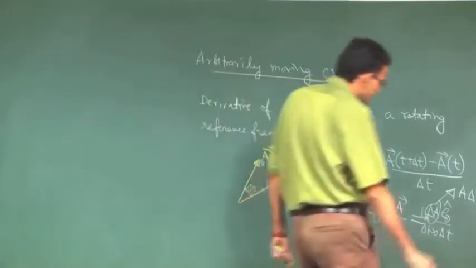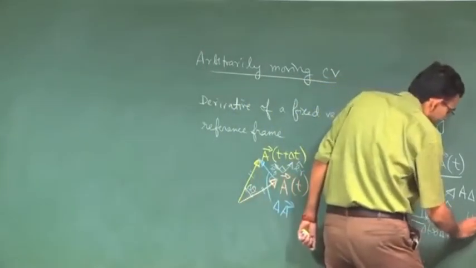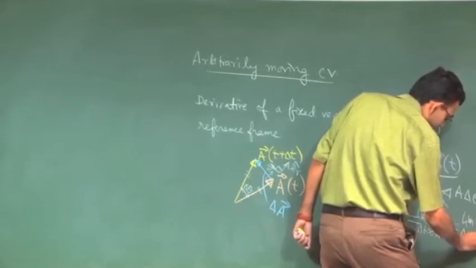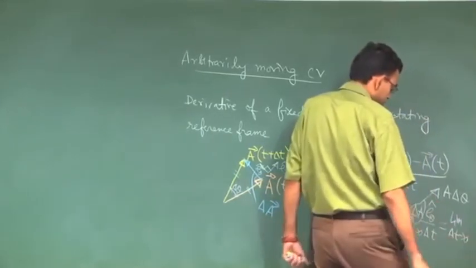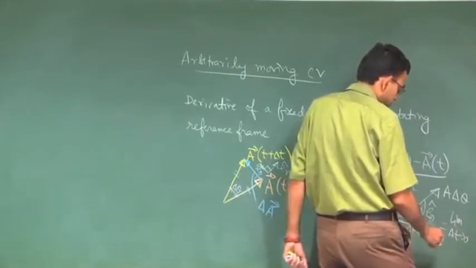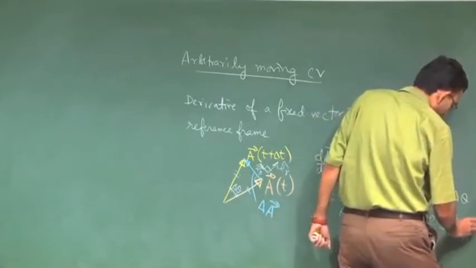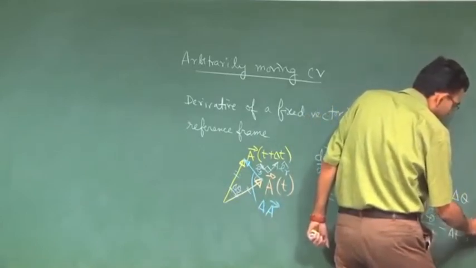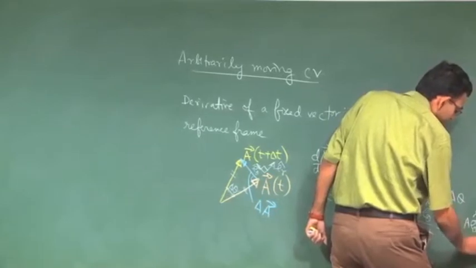So dA dt will be the limit as delta t tends to 0 of A e_theta into delta theta by delta t.